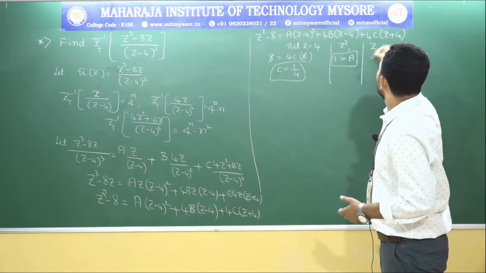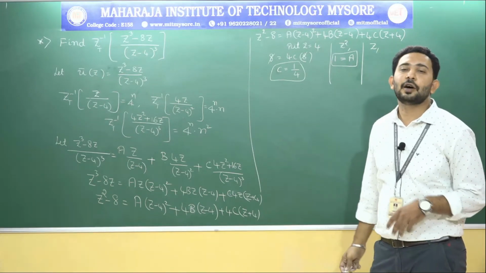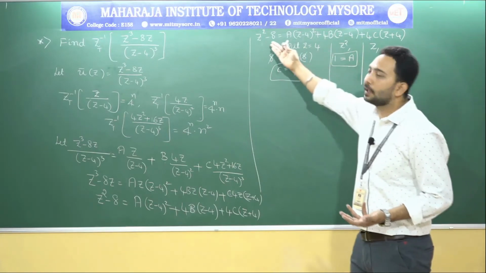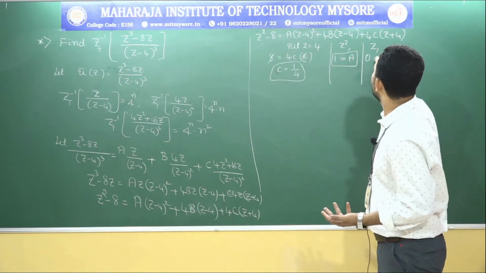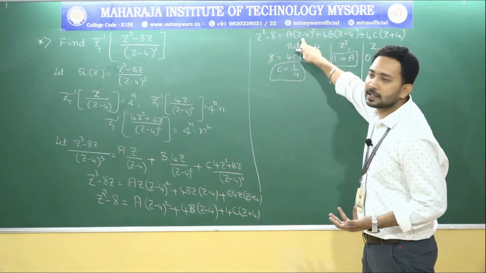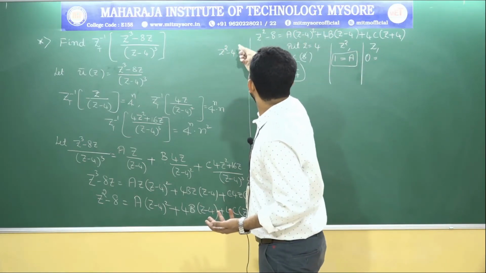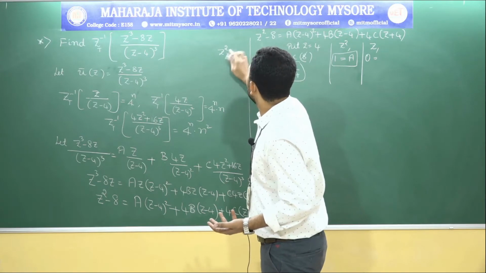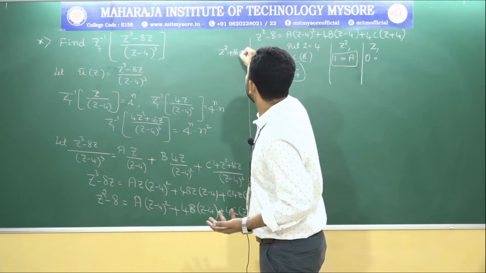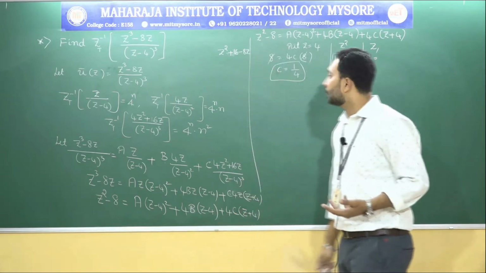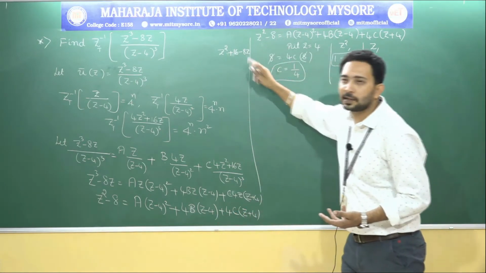Similarly, equate the coefficient of z. We don't have any z here, so 0 equals, again (z minus 4) whole square is z square minus 8z plus 16, so we can find minus 8.